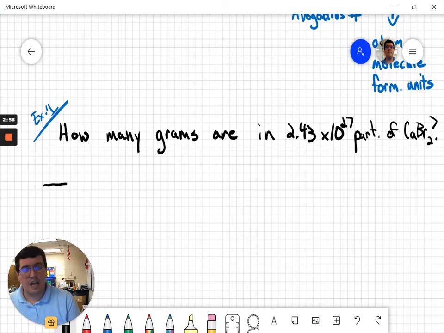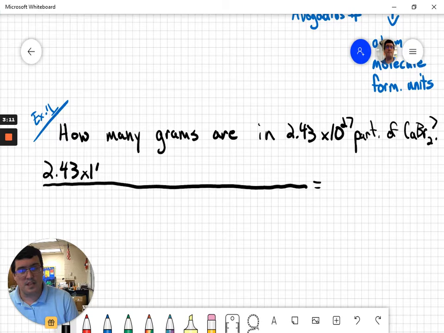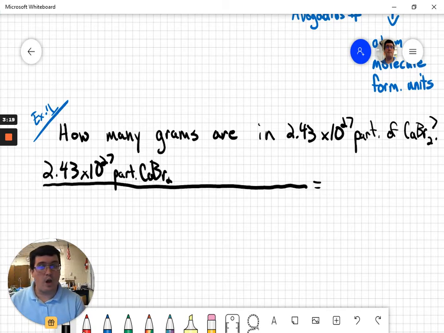We're going to draw a line, and we are going to start with the number that we start with, the only number from the problem, 2.43 times 10 to the 27 particles calcium bromide. It asks us how many grams, so we are trying to take that answer to grams of calcium bromide.